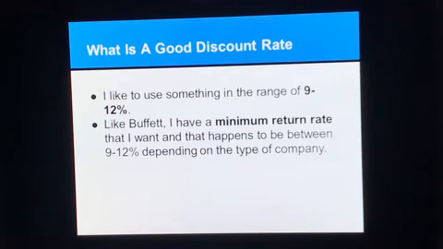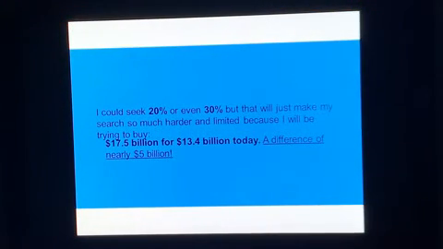If the company is a very stable company and is generating profits, then we can use a 12% interest rate. And if the company is a newly established company and its profits are not too high, then we can use a 9% interest rate.